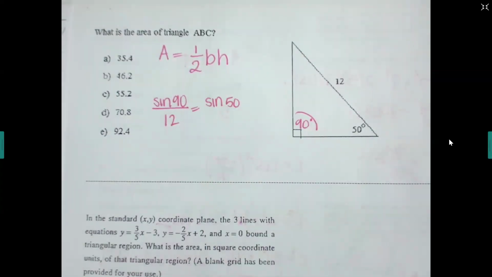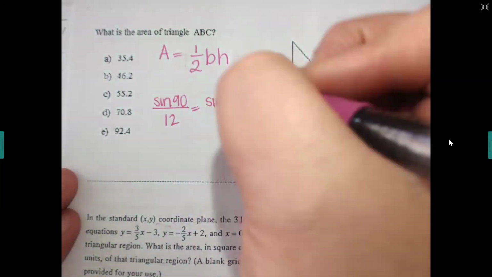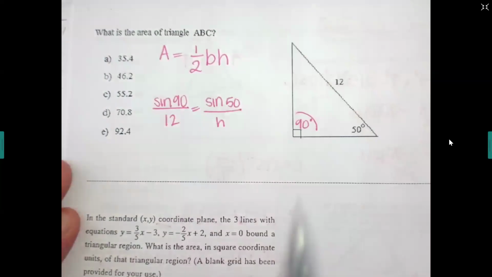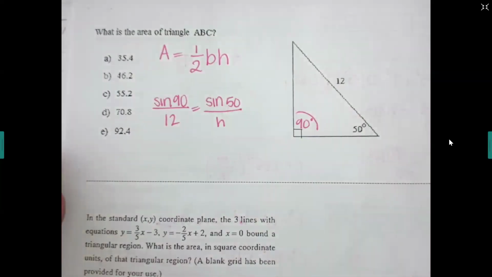In the area formula, would I want to use the base or the height? Whose partner would 50 be? The height. Very good. So I'm going to just go ahead and call it H for height. Okay, then go ahead and solve that.